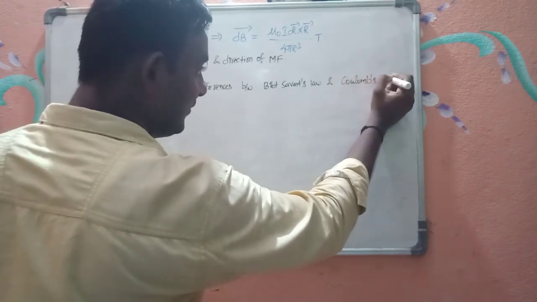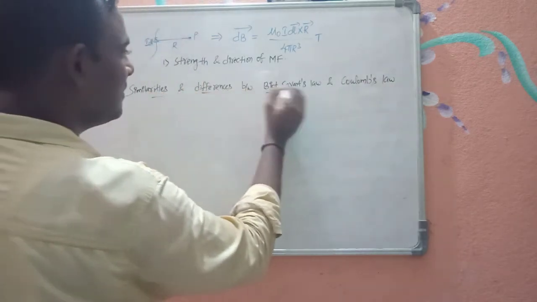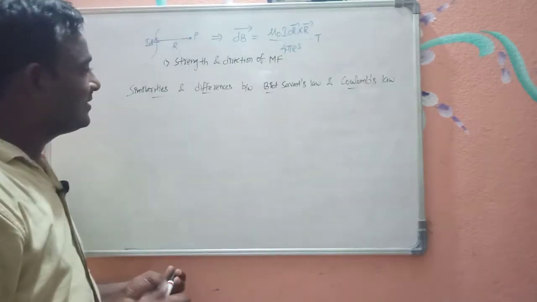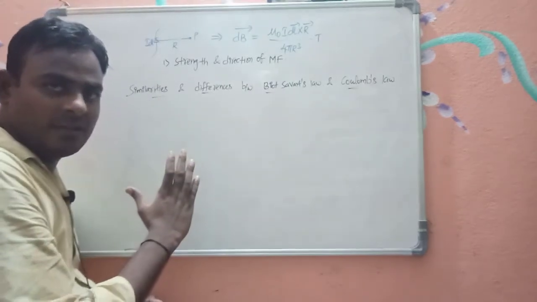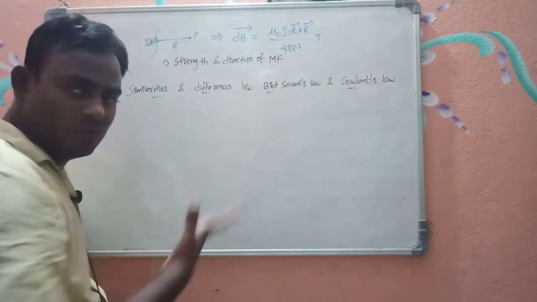Specifically we can call them static fields: electrostatic fields and magnetostatic fields. So here we will see the basic similarities and differences between Biot-Savart's law and Coulomb's law.